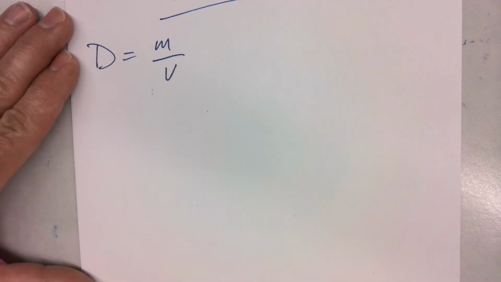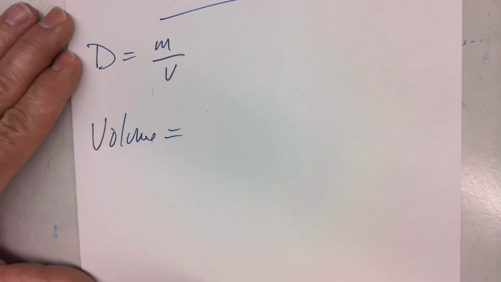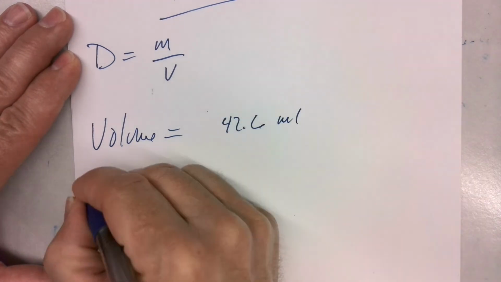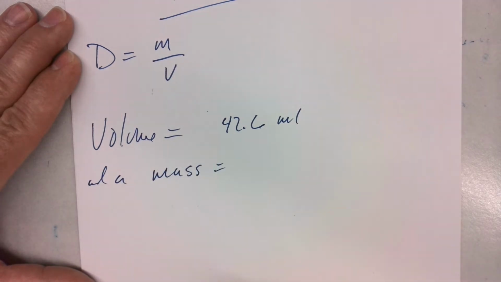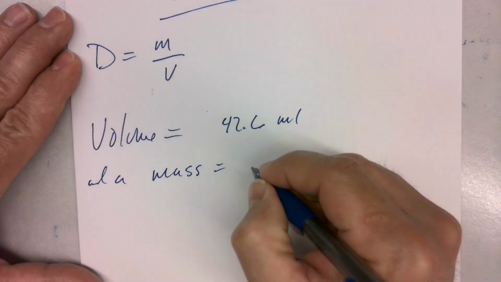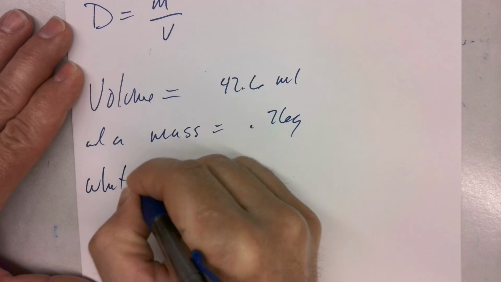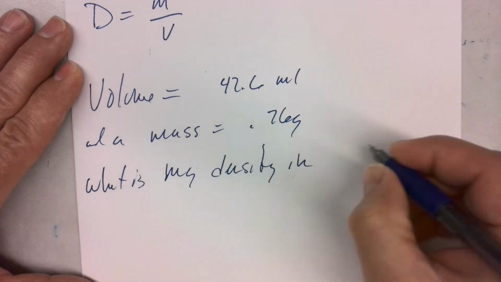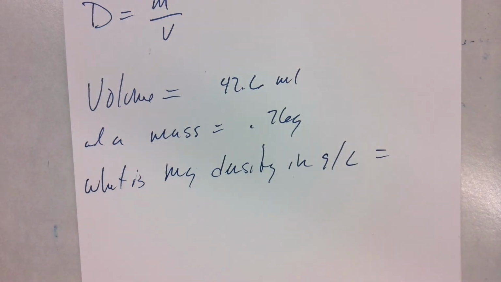So let's say I have a volume equal to, I don't know, 42.6 milliliters, and a mass equal to 0.76 grams. What is my density in grams per liter?